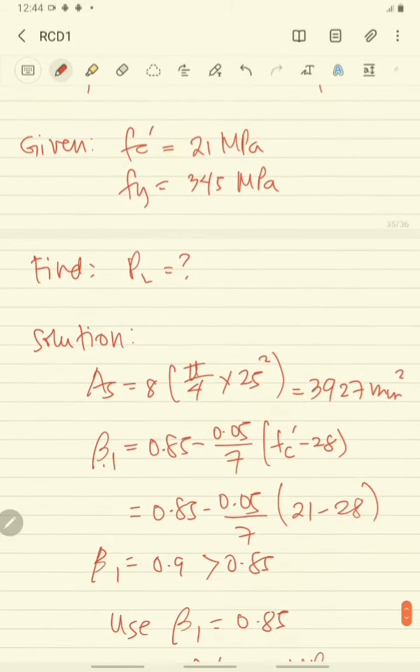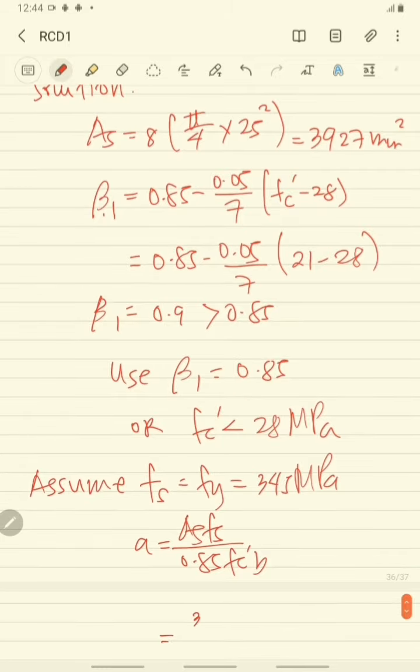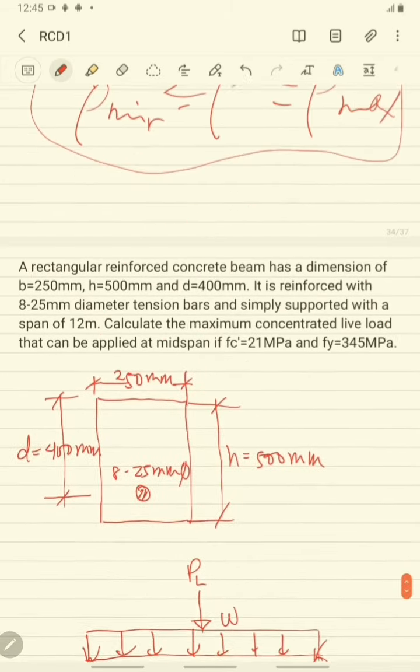To get the depth of the compression block, that is a, which is equal to As Fs over 0.85 Fc prime b. So you have the area is 3927 times 345 divided by 0.85 times 21 times b. The width of our beam is 250.